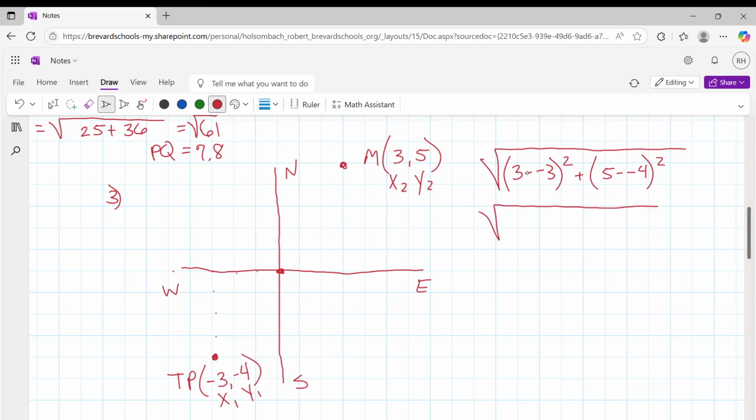So 3 minus -3 in the calculator would be 3 minus 3 negative equals +6 squared is 36 plus 5 minus -4.